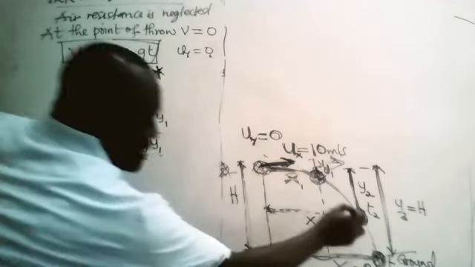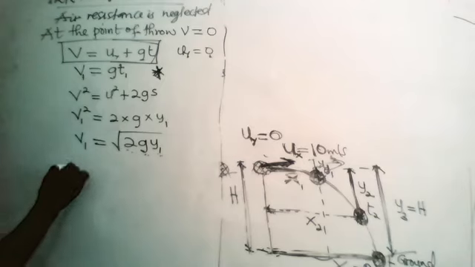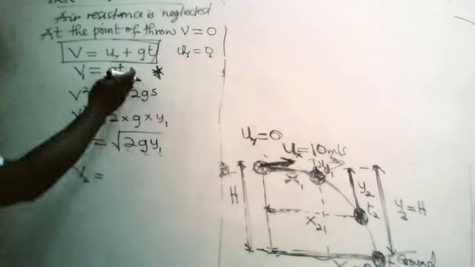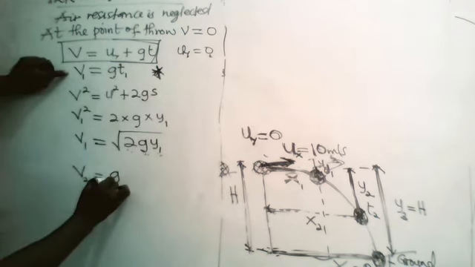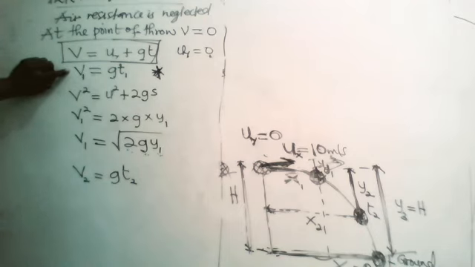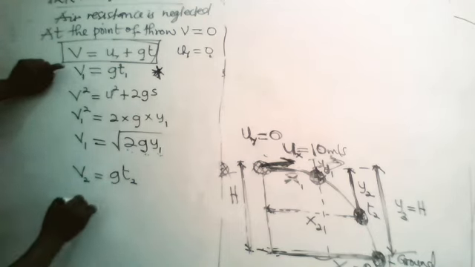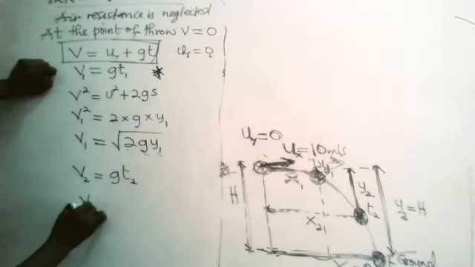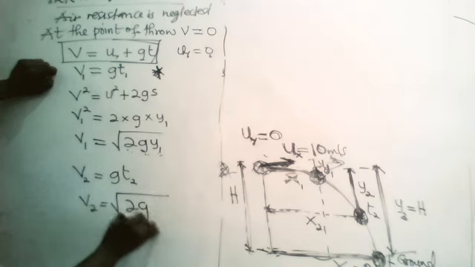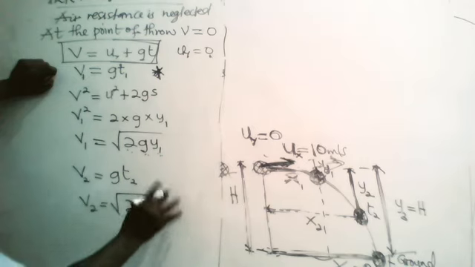Okay, thank you. So if the body is here and we want to find the velocity there, V2, in terms of time, it will be G times T2. In terms of vertical height, it will be the square root of 2g times y2.